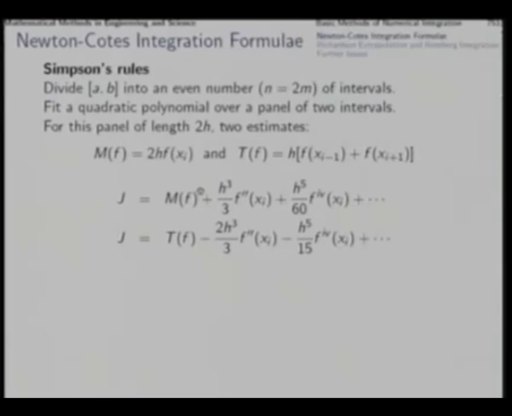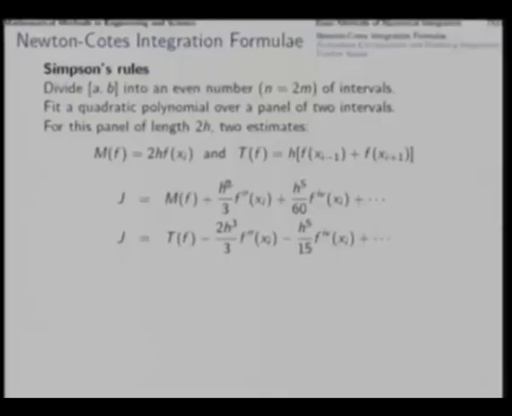In those same error estimate formulas, if we put 2h in place of h, because now the interval size is twice h, then we will get these. Then we ask, can we find a linear combination of these two so as to get a better estimate of J, that means so as to eliminate the leading error from here.